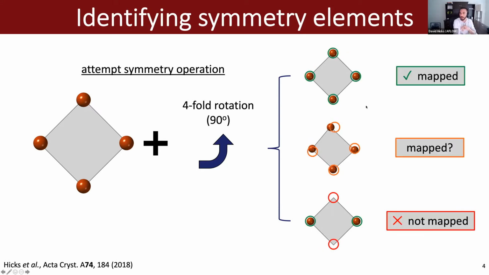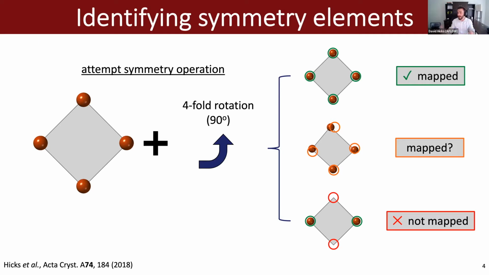The ideal scenario, if we were working with pure mathematics, is that you get a pure mapping once you do this fourfold rotation. On the other hand, you might have the scenario at the bottom here, where you do the fourfold rotation and the atoms don't map onto any atom positions, so you would say this is not an isometry. But the most common condition that we would find is something in the middle, where we're slightly offset, because we're working with real materials.